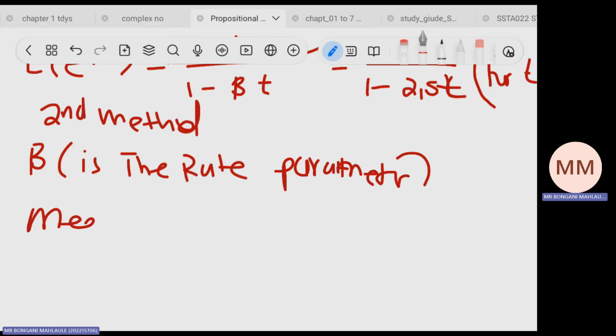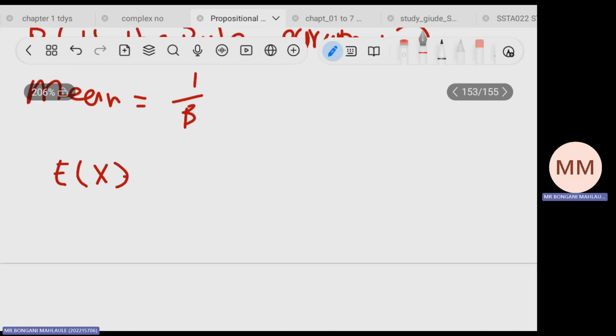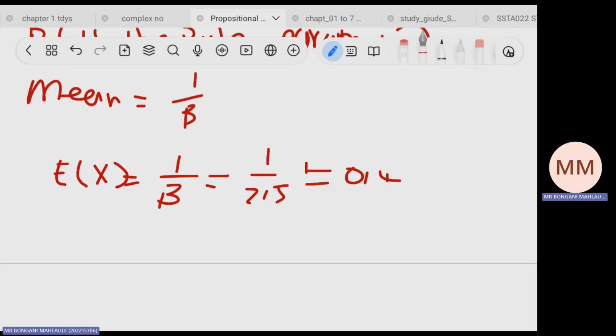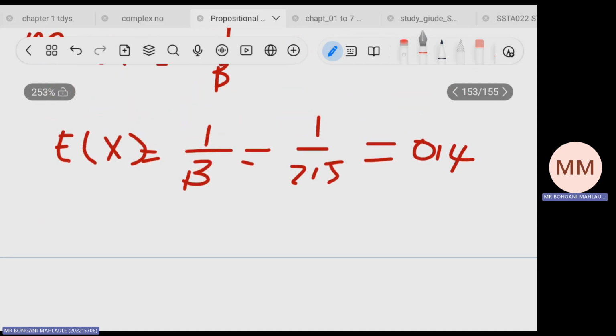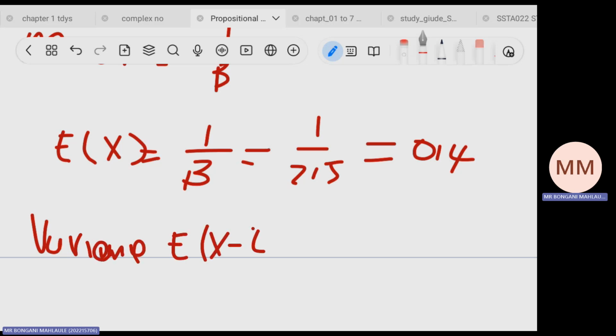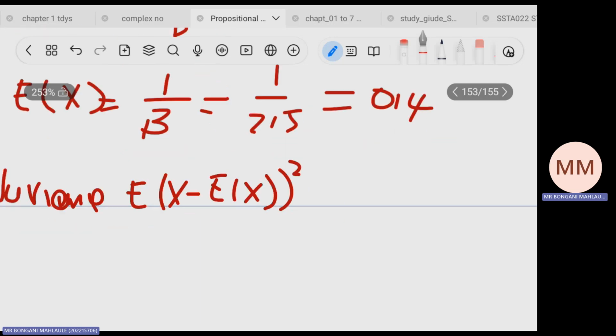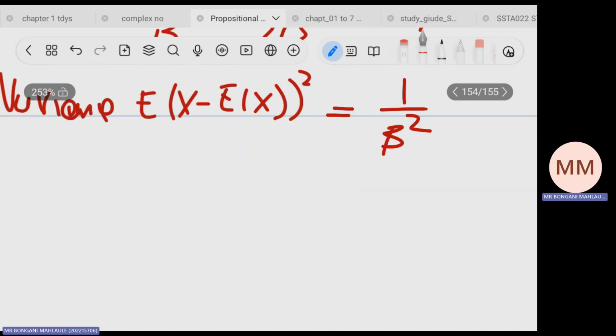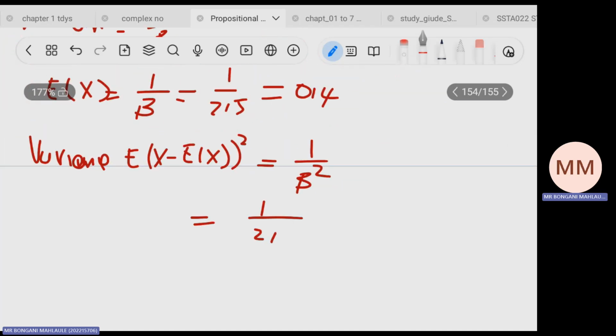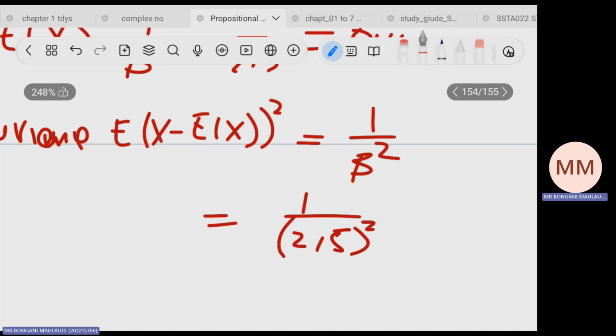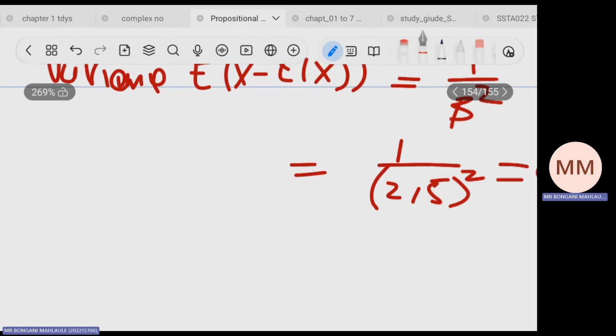Meaning the mean here is 1 over beta. So you'll have your expected value as 1 over beta, 1 over 2.5, which is 0.4. Then your variance will be 1 over beta squared, so 1 over 2.5 all squared, and you'll get 0.16.